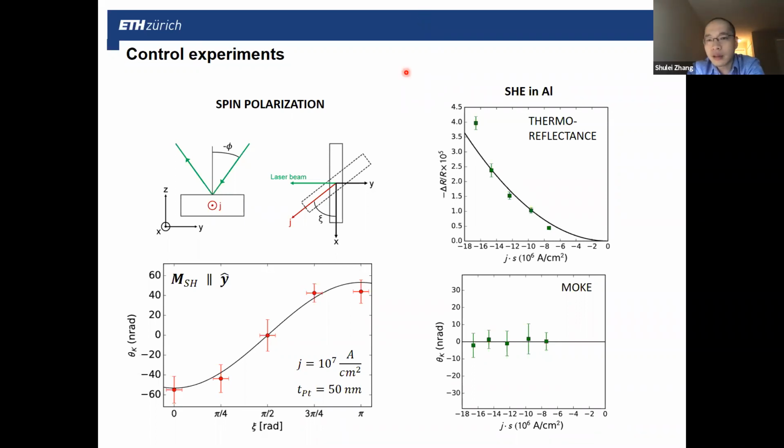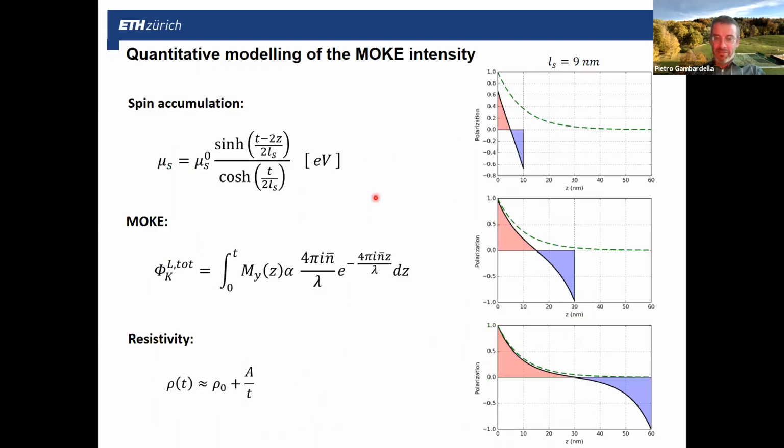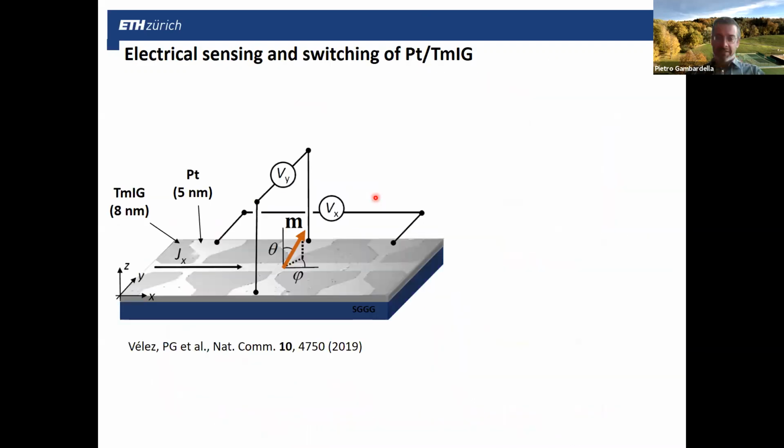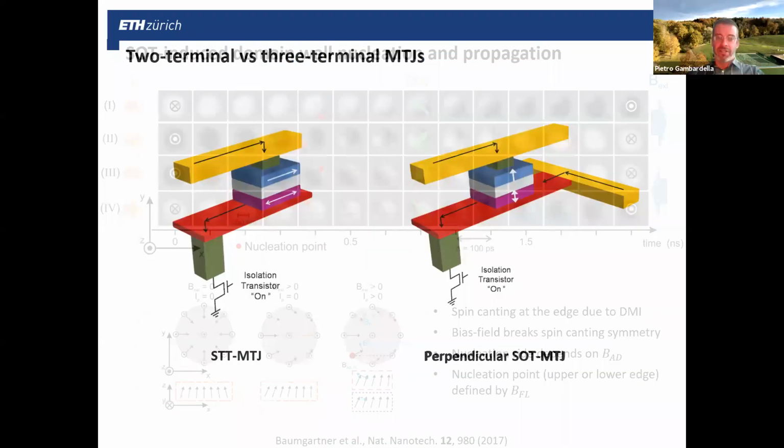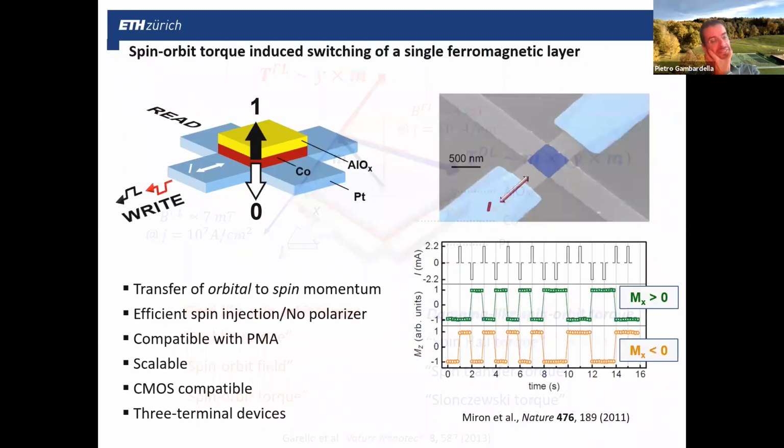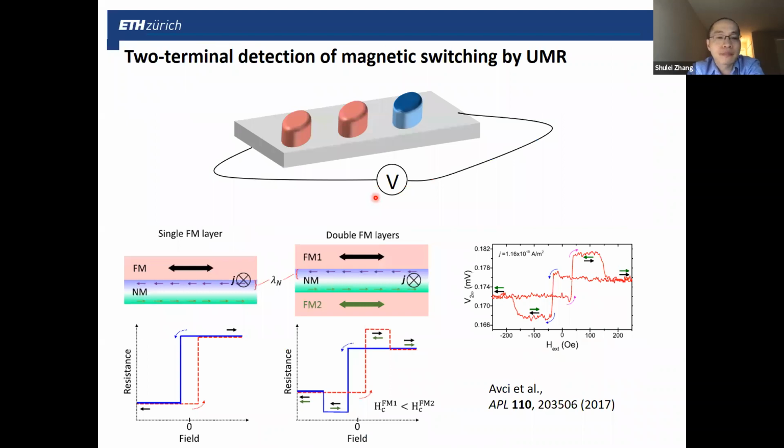Does this have a different length scale from the other two mechanisms? You mean a different length scale? Yeah, the magnetoresistance. You mean like a thickness dependence? Yeah, thickness dependence.